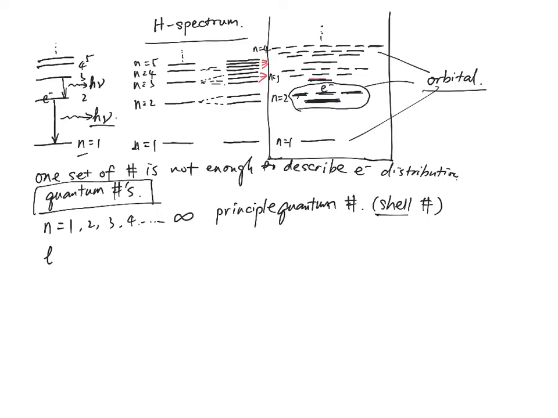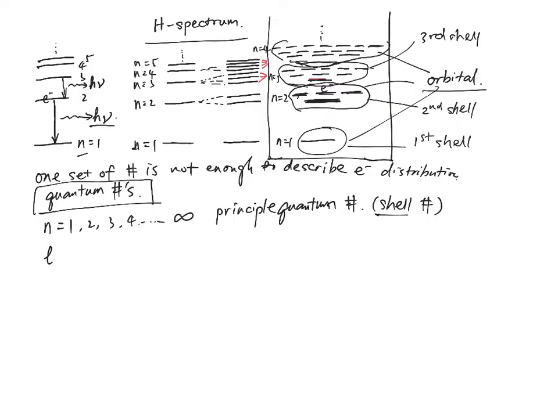The reason we use the shell number is that we call this first shell of electron, this here we call the second shell, and all the orbitals within n equal to 3 are collectively called the third shell, and this the fourth shell. So that's why n is also called the shell number.